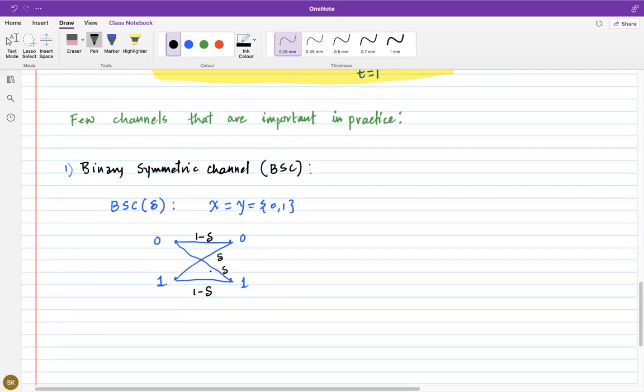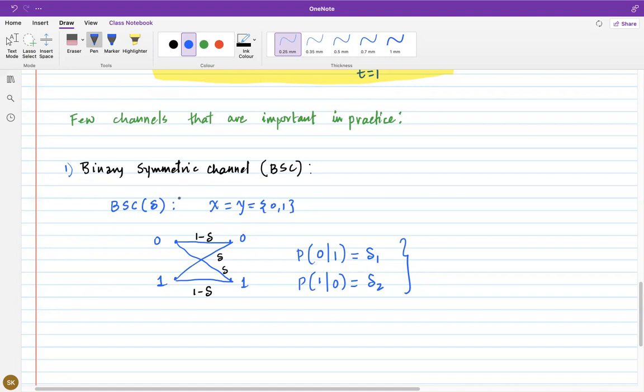Of course, there's no reason to believe that these probabilities are equal. So you can have the case where the probability of getting 0, conditioning on the fact that you have given an input 1, is something like delta 1, and the probability of getting 1 when you give an input 0 is delta 2. This may be an abstract way of defining the channel.